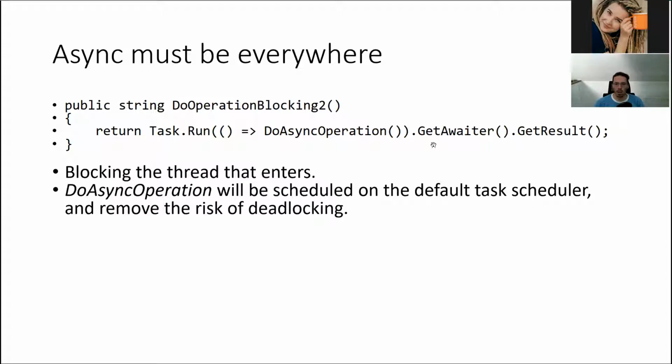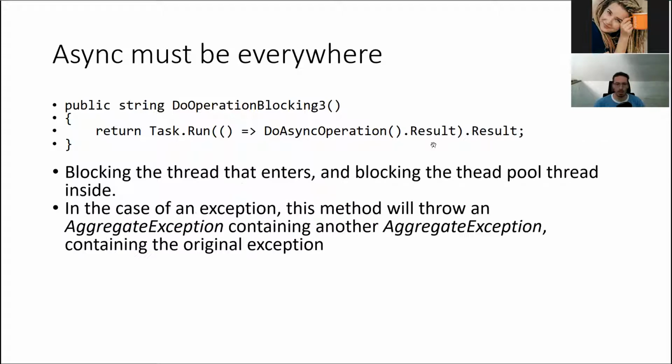But the do async operation will be scheduled on the default task scheduler, so you will actually remove the risk of deadlocking. This one solved the aggregate exception problem. This one will throw the same exception that was thrown inside the do async operation. So it will not be an aggregate exception, but you are still blocking. A little bit better, but not the best. So let's try something else.